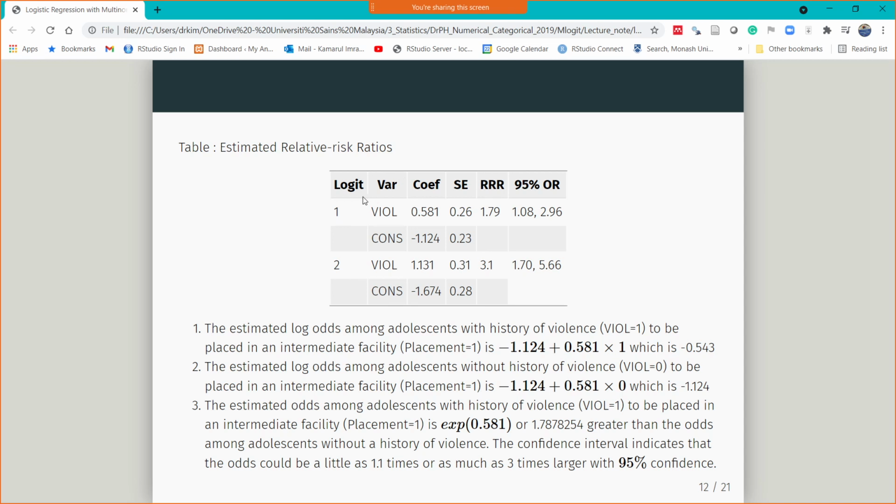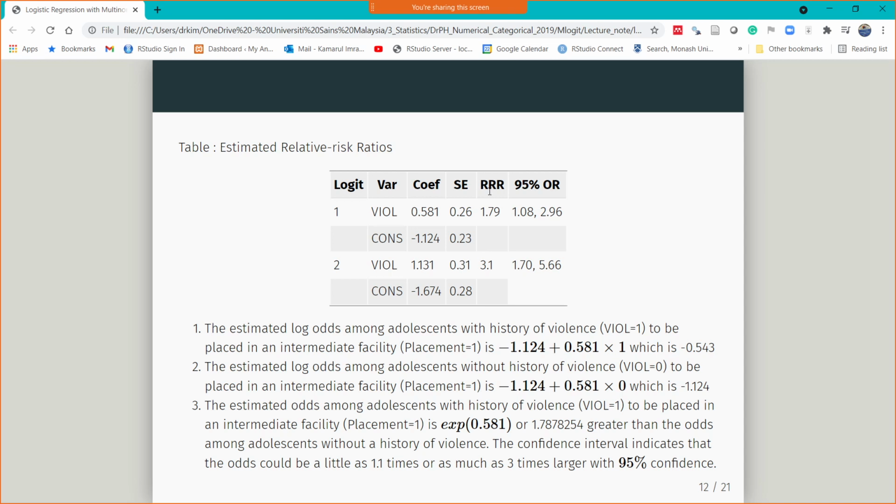So in this table you have logit 1 and logit 2, where you have a constant for level 1 and a constant for level 2. You have the independent variable, history of violence. And you have the log odds value, coefficient, standard error, relative rate ratio, and 95% confidence intervals.